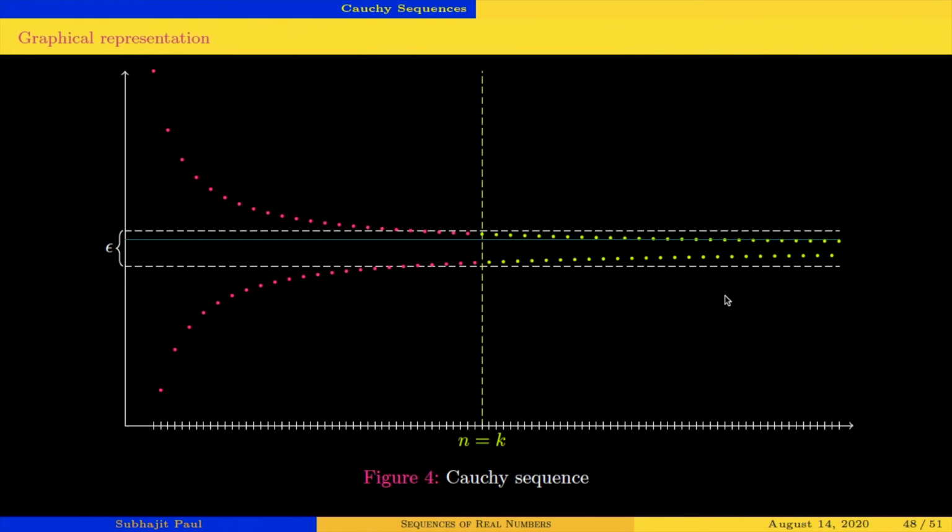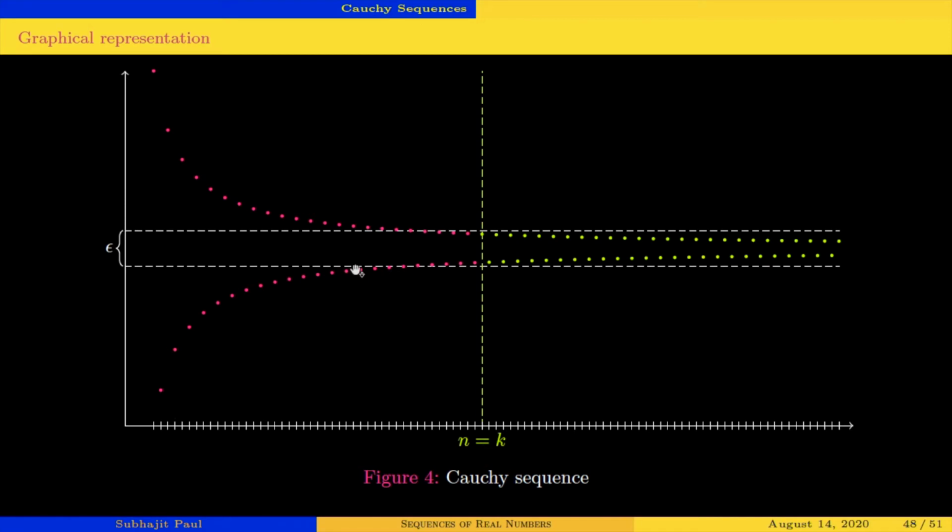They are within this range. Now, we have tamed the entire tail of the sequence. What remains to tame are the first finitely many terms before this stage happens.